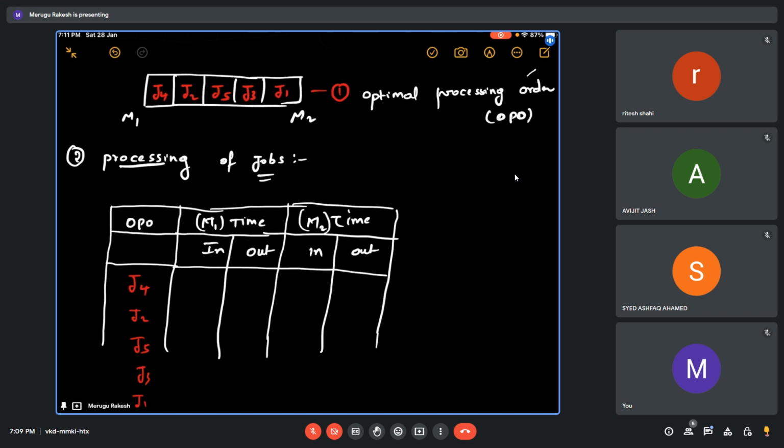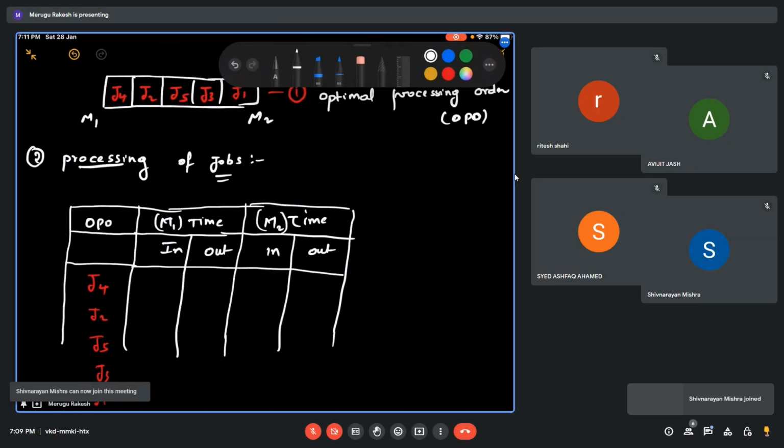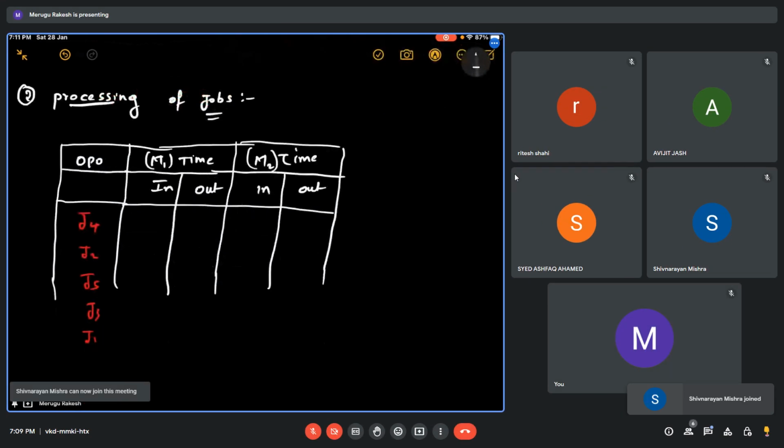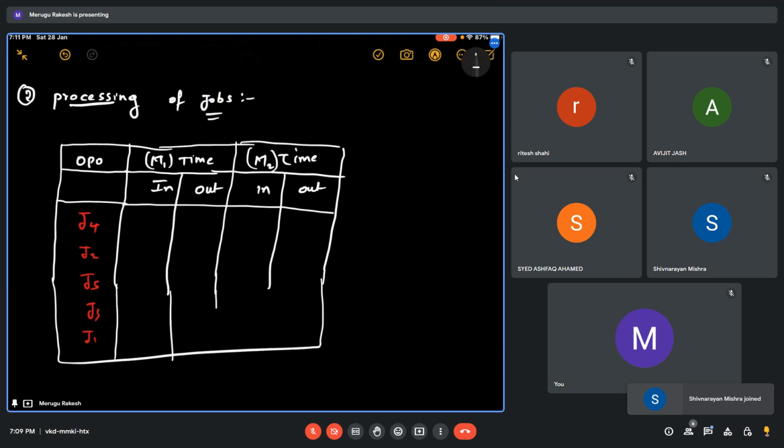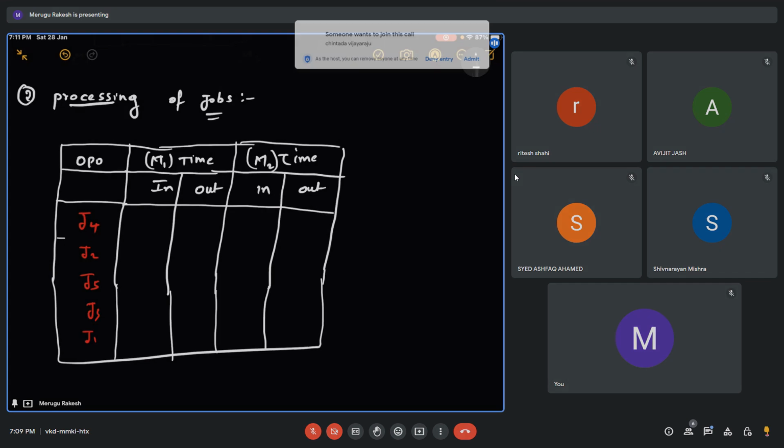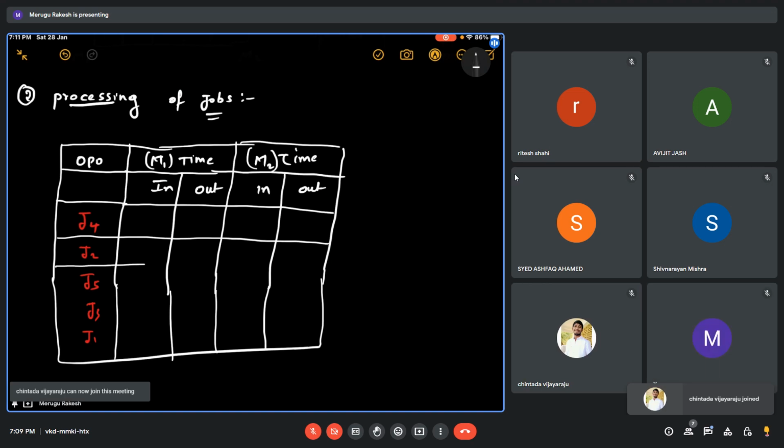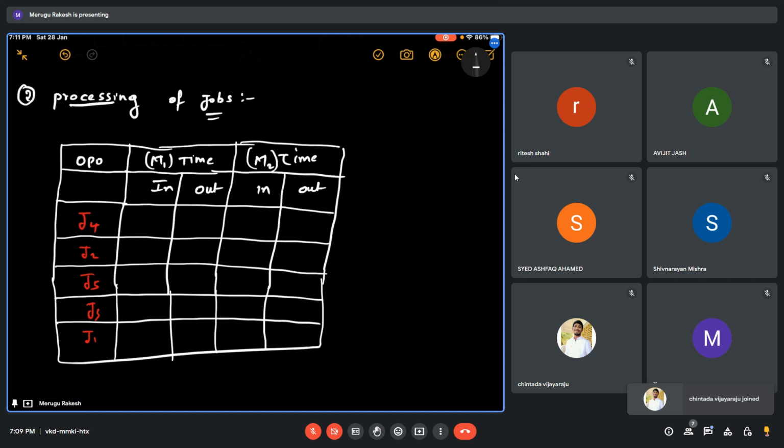That is the sequence you have to follow. So don't be in a hurry while solving these questions. Be patient. Do every step. Don't miss any step, because even if there is one wrong, everything will go wrong.